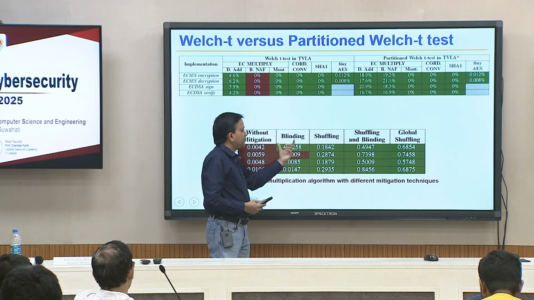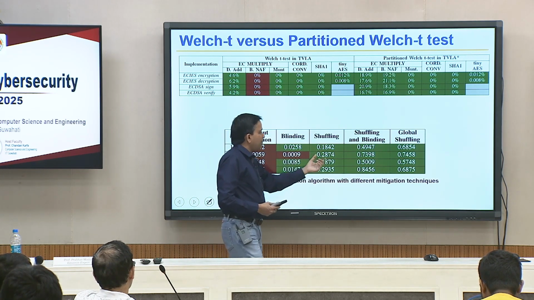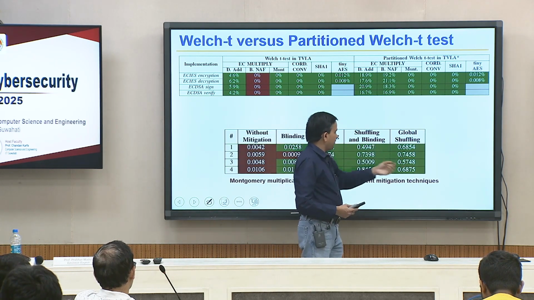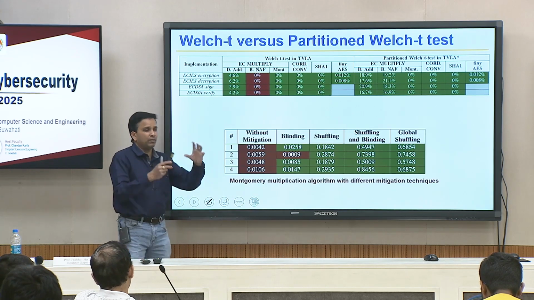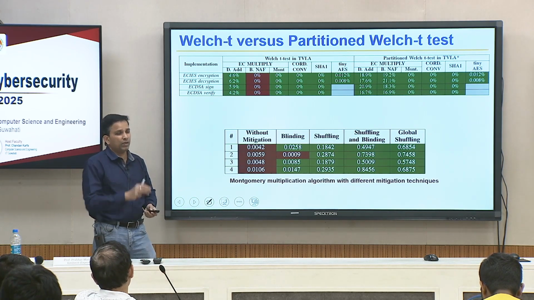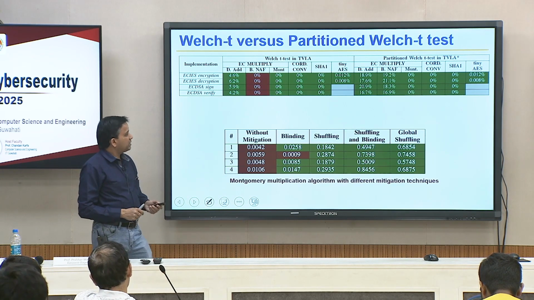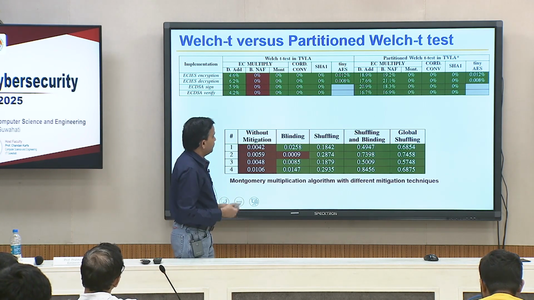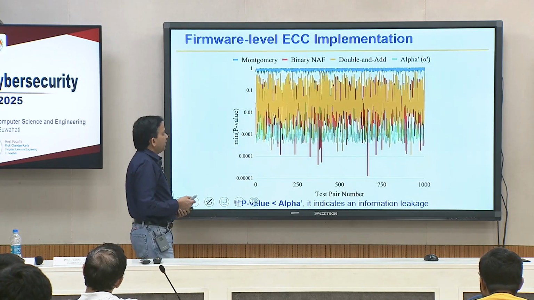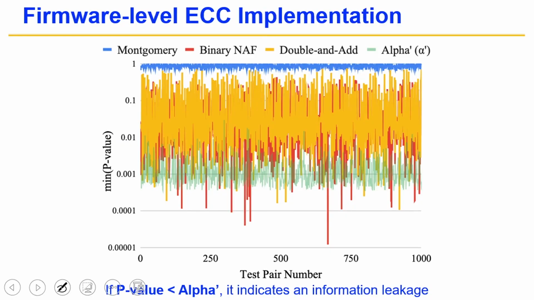So simple blinding did not work; shuffling and blinding, or just global shuffling, all worked for Montgomery multiplication, which is part of the ECC code. One of the functions of that multiplication is part of it. So you want to analyze module by module to figure out which one, and the way you do different double and add operations in Montgomery.